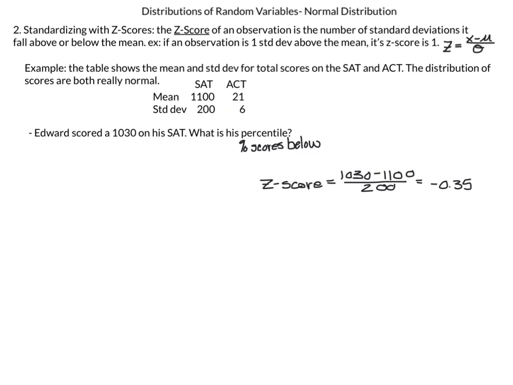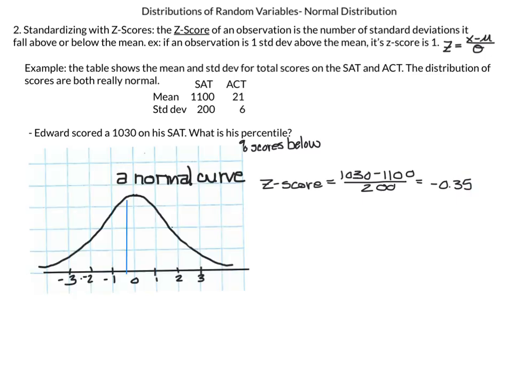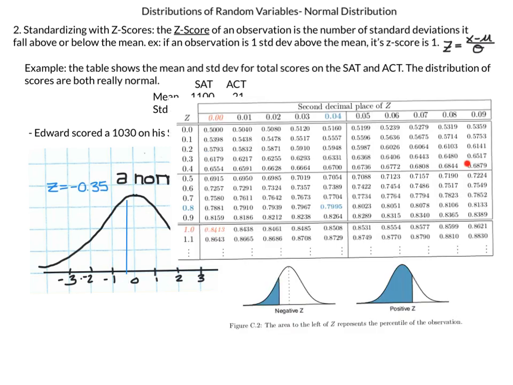And then we divide by the standard deviation. So he's negative 0.35 standard deviations below the mean. So 0.35 negative, so it's a third of the way, somewhere around here. We come to our table, but you notice these probabilities are for positive z-scores, so we need to be a little bit careful.